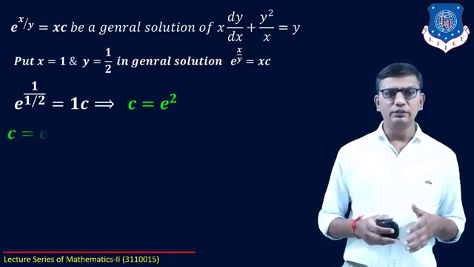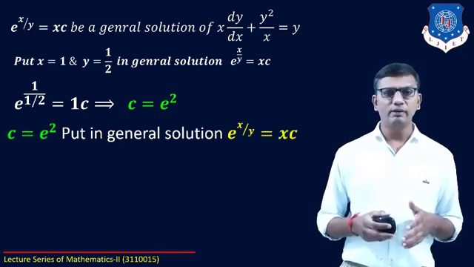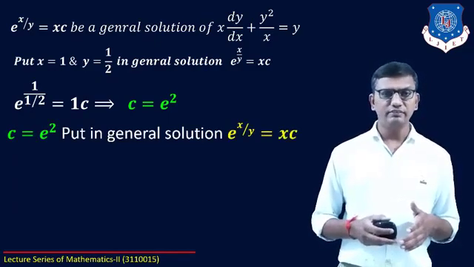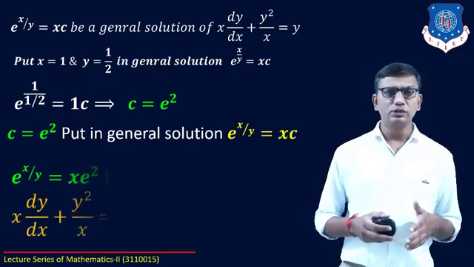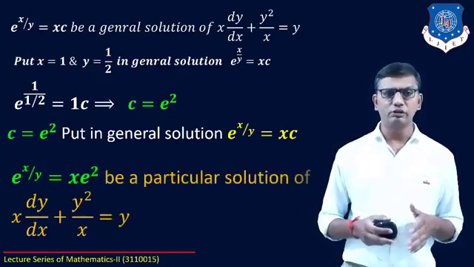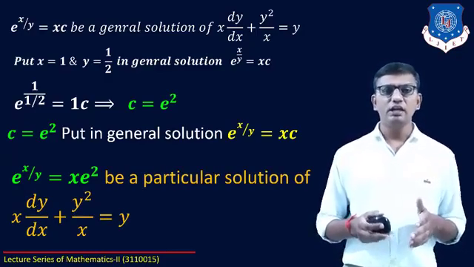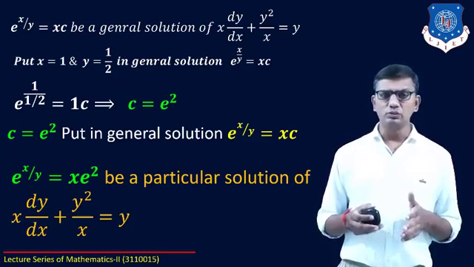Then put this value c equal to e square in our general solution e raised to x by y equal to xc. Then finally we get e raised to x by y equal to x e square as the particular solution of our differential equation dy by dx plus y square upon x equal to y.